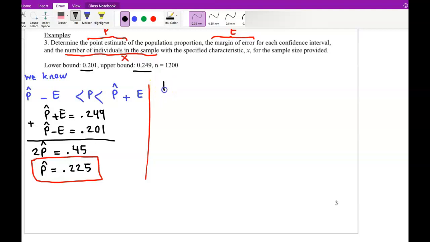To find x, we should use p hat equal to x divided by n. From this part, p hat is 0.225 equal to x over n, and n is 1,200.